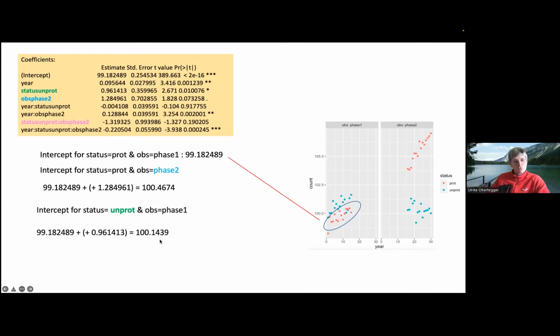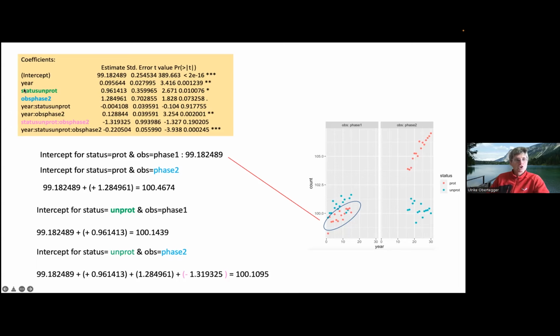And now it comes to the fourth one, where everything, the status and the observation phase, are different with respect to the intercept of the baseline model. And here you have to consider every difference with respect to the baseline model.